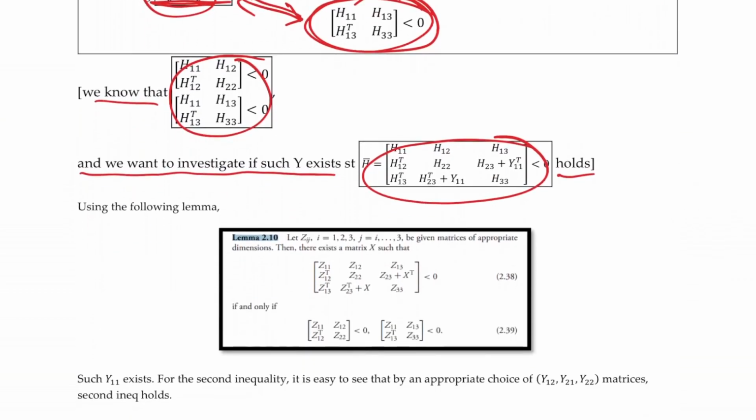Using the following lemma, a Z matrix, which is partitioned here, then there exists a matrix X such that this inequality holds if and only if these two inequalities hold. So if we know that is correct, we can always find an X such that this larger inequality holds, right? That's the idea.